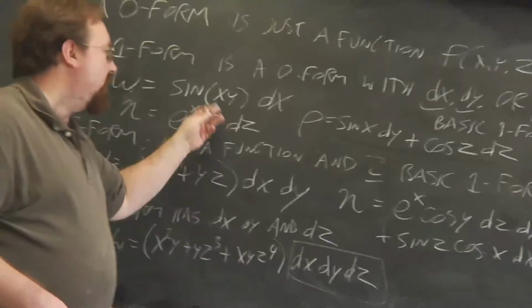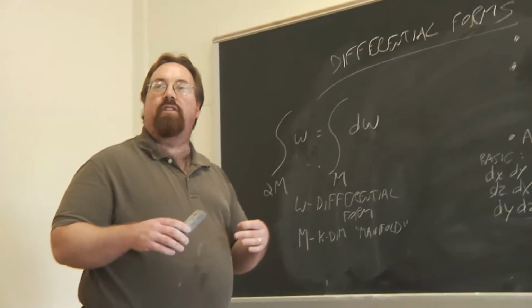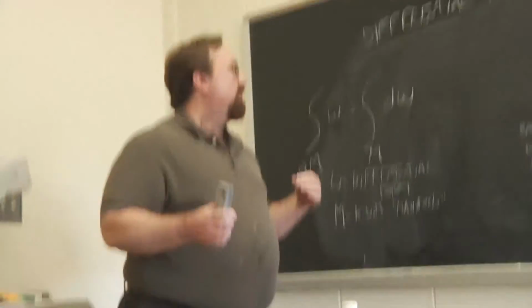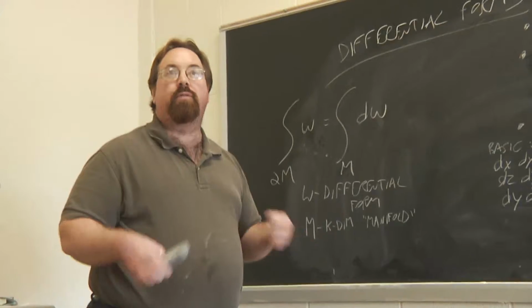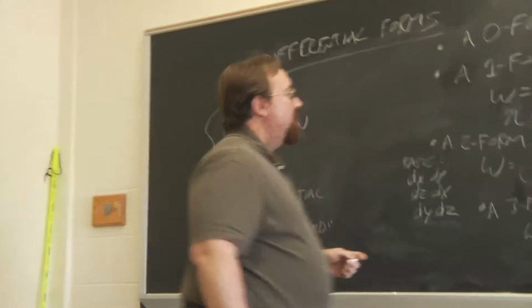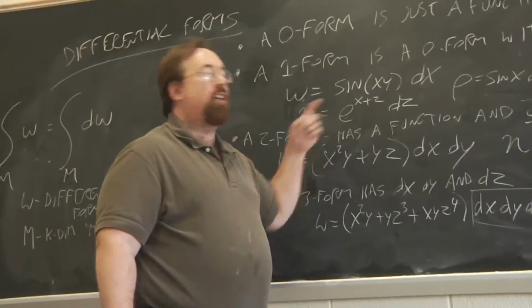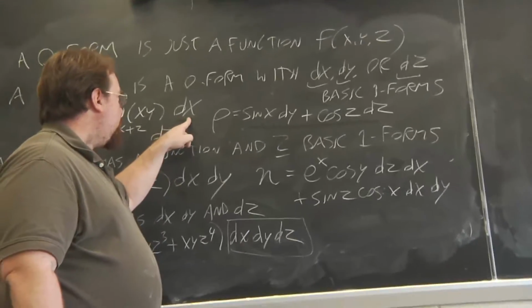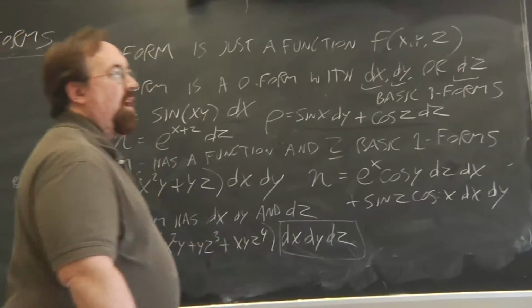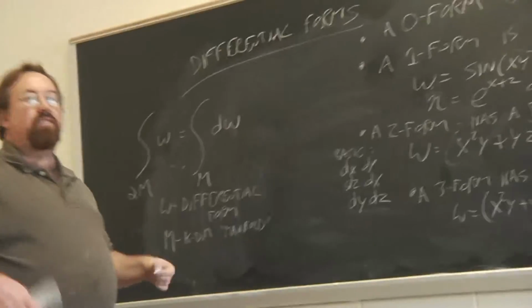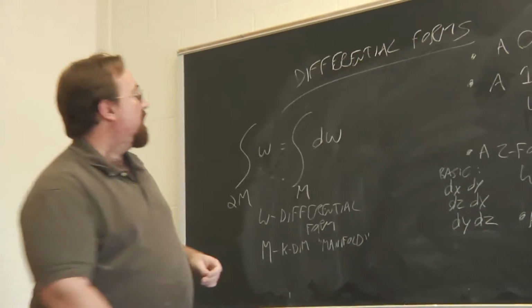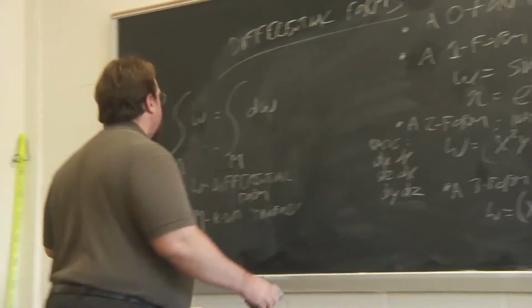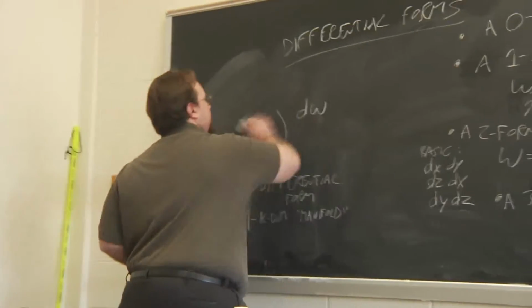We're going to define a multiplication operation for forms. And then, since we're interested in integrating forms, we need to be able to differentiate them. So we'll define a differentiation operation that takes into account not just ordinary differentiation of functions like you're accustomed to, but also how we handle these basic forms, differentiating with the dx, dy, and dz parts. Okay. So first, the multiplication operation.